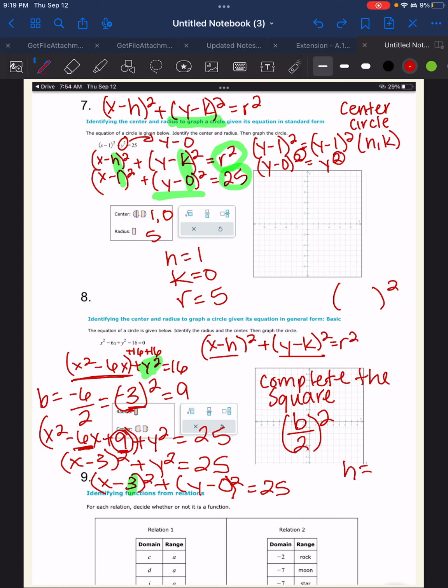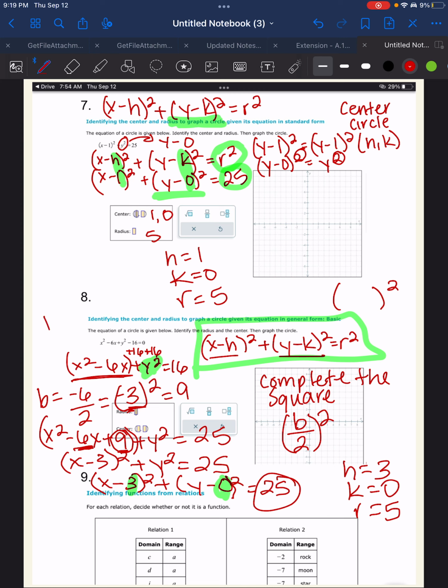What's k? 0. I'm using this formula right here. And then r squared is 25, but I just want r. Take the square root of 25, which is 5.